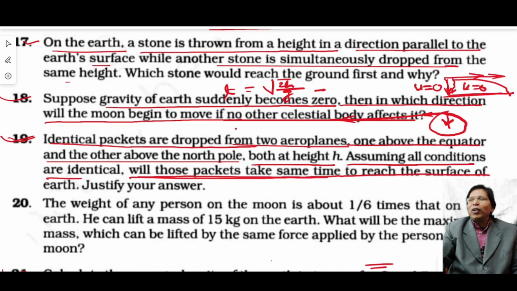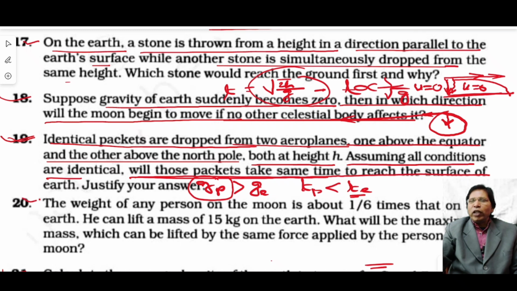No. The time of fall t is proportional to 1 by root under g. The g at the pole is greater than g at the equator, so the time of fall at the pole is less than the time of fall at the equator.